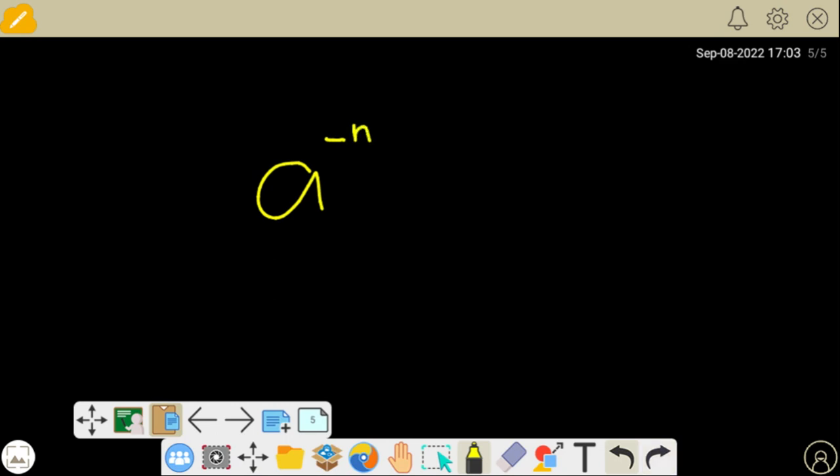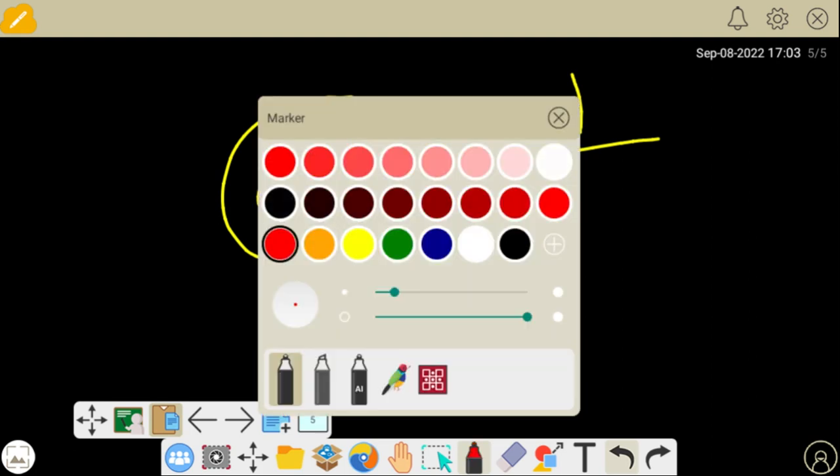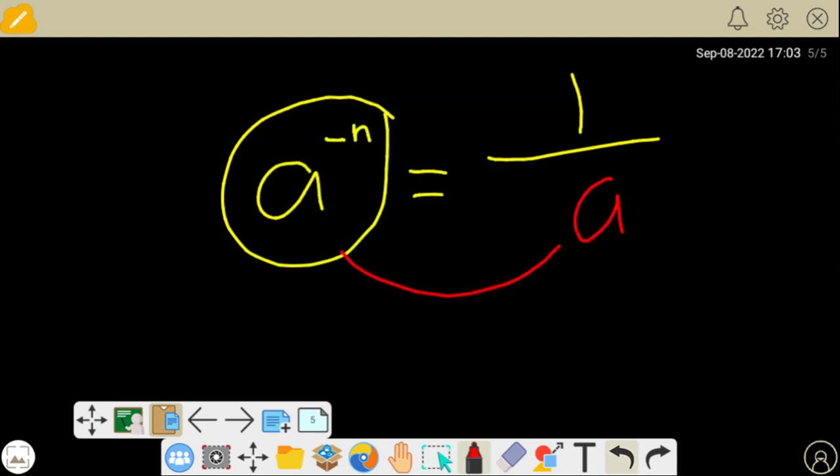A raised to negative n becomes 1 over a raised to n. Just put 1 on the numerator, then this whole thing right here will become your denominator, a raised to n, and omit the negative sign.